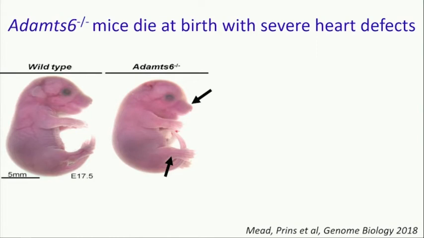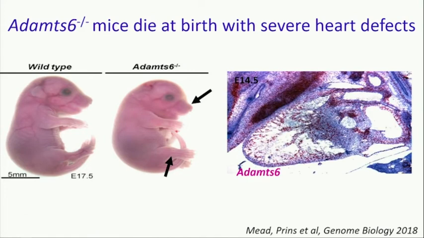The second vignette I'd like to conclude with is of ADAMTS6 mutant mice. These mice have a variety of defects, but the gene is very highly expressed in the heart, as you can see on the right by the red in situ hybridization signal.